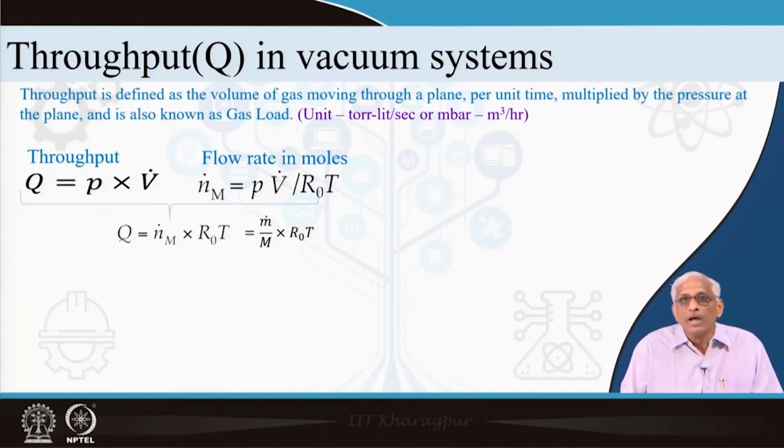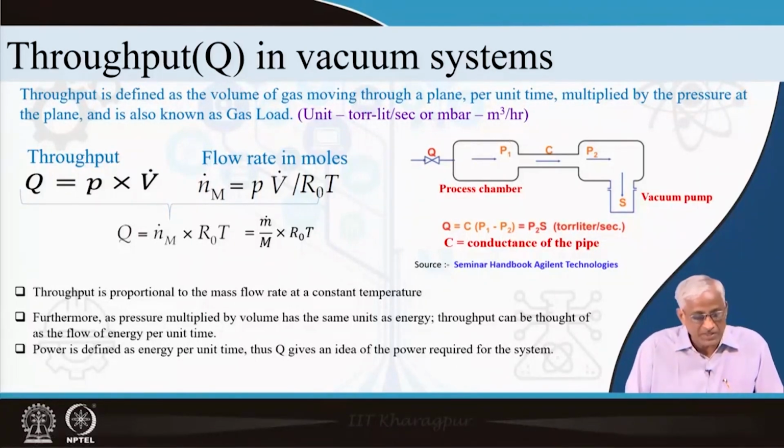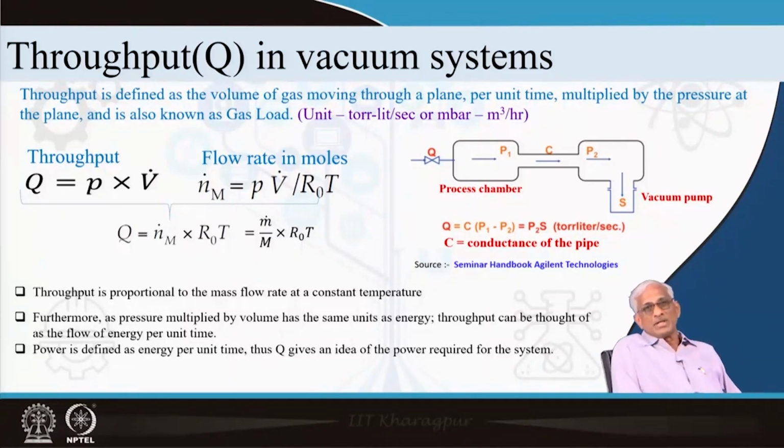That is what I have given here. The unit is torr liter per second or millibar meter cube per hour, whatever unit system is convenient to that particular industry. So, the same thing I have written here for your ready reference. Throughput is proportional to the mass flow rate at constant temperature.